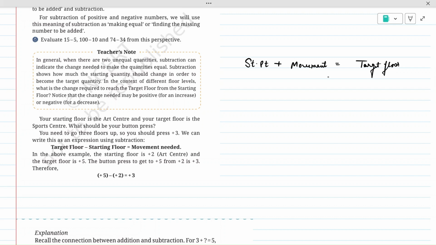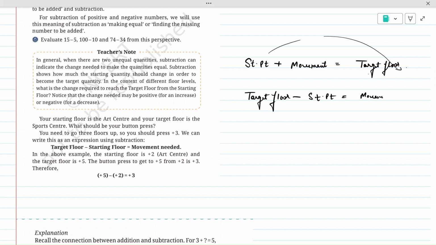Now, if I have the target floor here, and I take the starting point to this side, we know that the positive number will go to the right hand side of the equal sign and become negative. So the expression becomes target floor minus starting point gives me the movement.